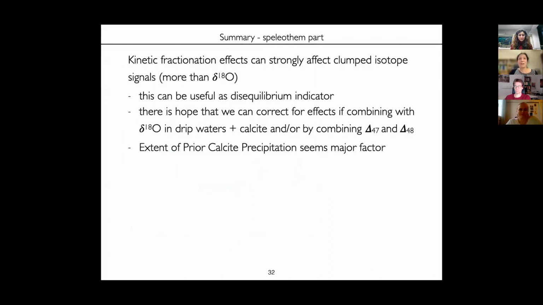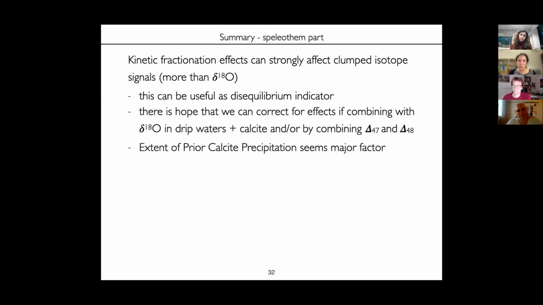Okay, and with that, I just want to sum up that especially for clumped isotopes and speleothems, kinetic fractionation effects can strongly affect the signal. This is both a challenge, but also a strength, because that means that we can use clumped isotopes also as a disequilibrium indicator because it is so sensitive.